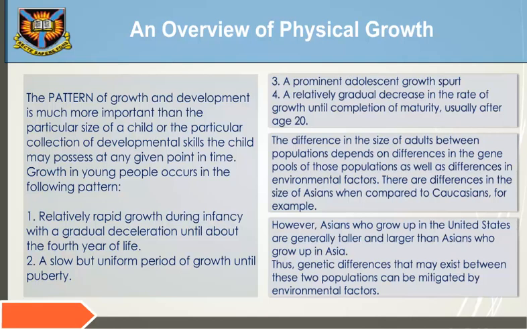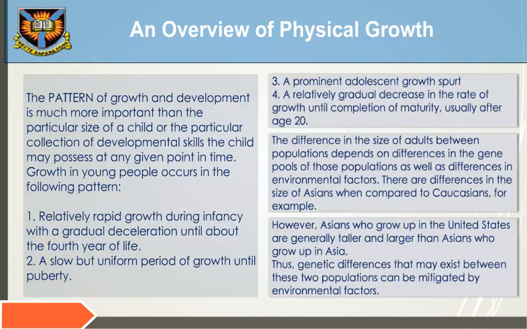A slow but uniform period of growth until puberty. 3. A prominent adolescent growth spurt. 4. A relatively gradual decrease in the rate of growth until completion of maturity, usually after age 20.